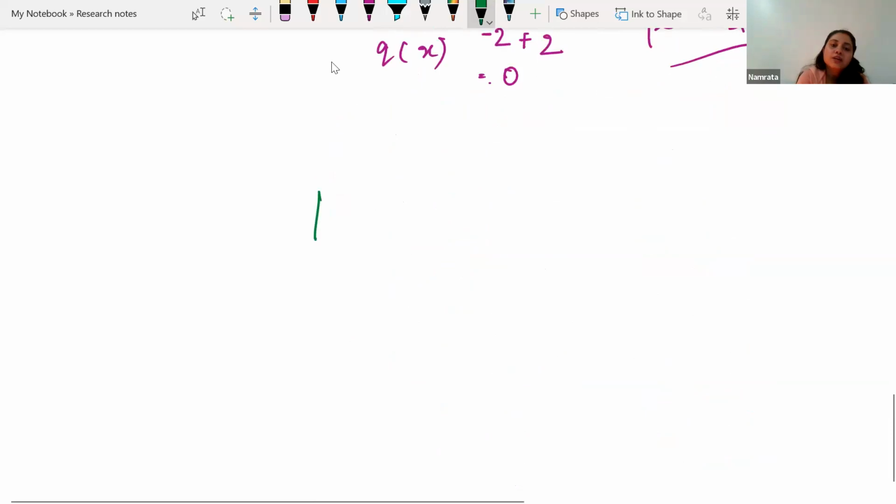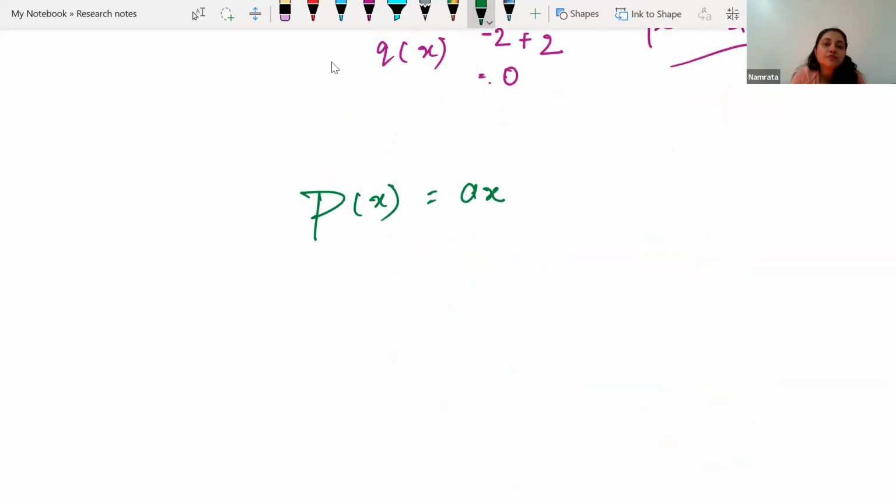Suppose we are having a polynomial px is equals to ax, and we have to find the 0 of this polynomial. How we find the 0 of the polynomial? Such a value of x which will make the polynomial 0. We will not just look at the polynomial and try to identify what can be the value of x. We will just put px value as 0 and we will solve the equation. That way we will get the 0 of the polynomial.